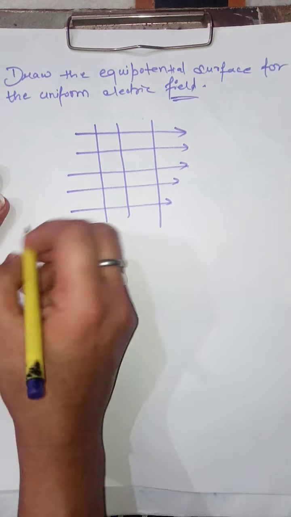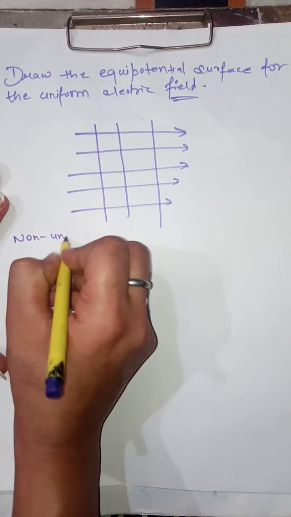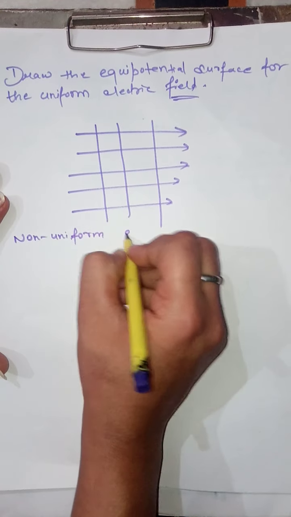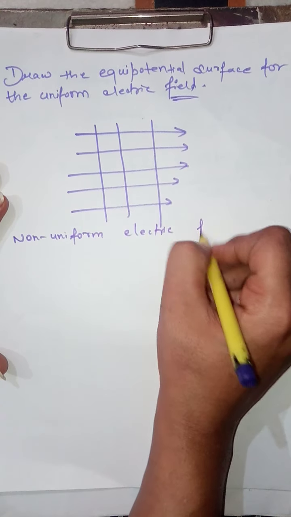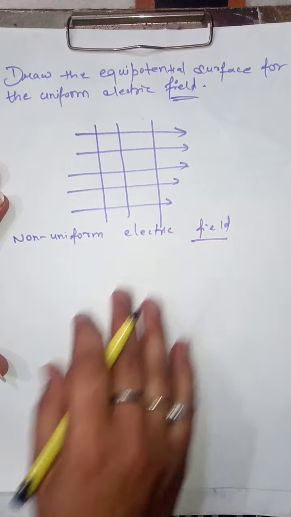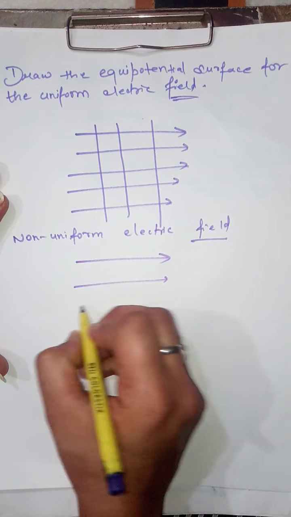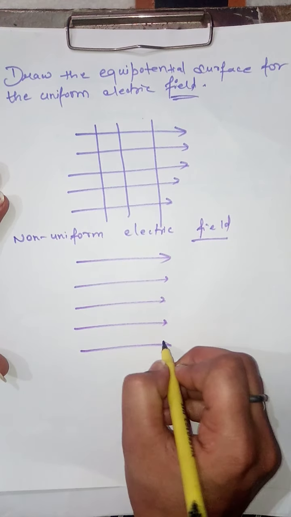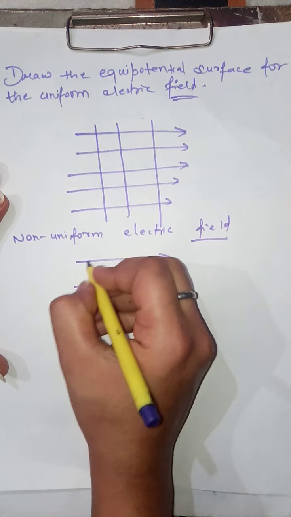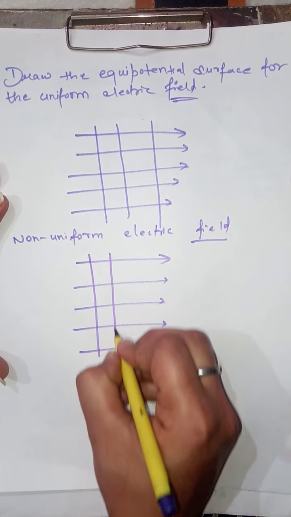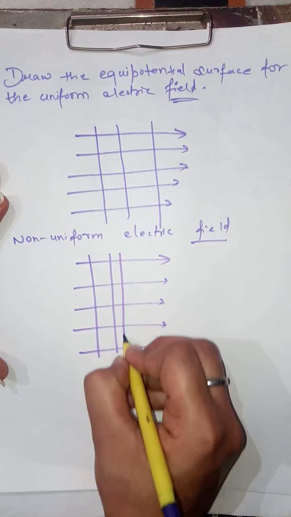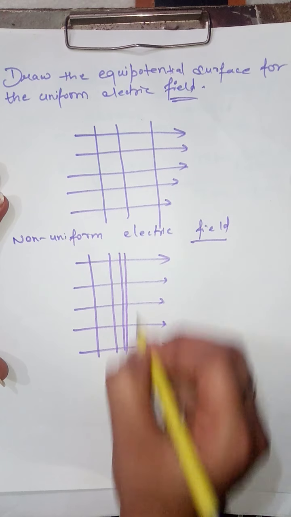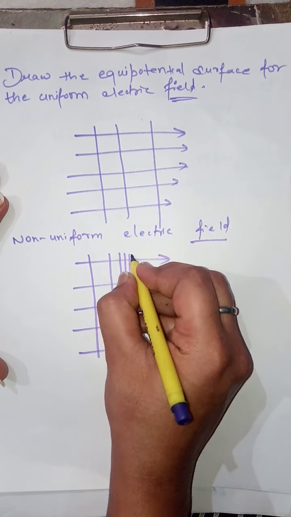And if we have a non-uniform electric field, then the equipotential surfaces are drawn in this way, such that the separation between the lines is going to decrease.